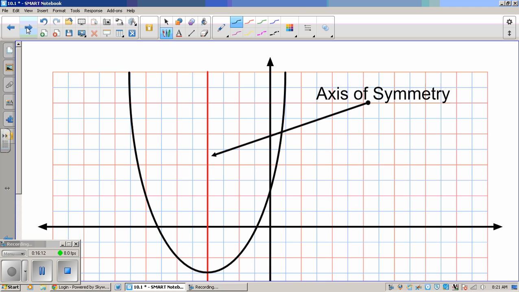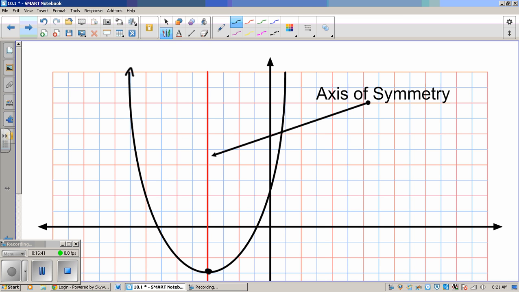As Samantha told us, all parabolas reach a point, either a maximum or minimum. That point where it reaches creates the line of symmetry. Soon we're going to learn that it's called the vertex of our parabola.